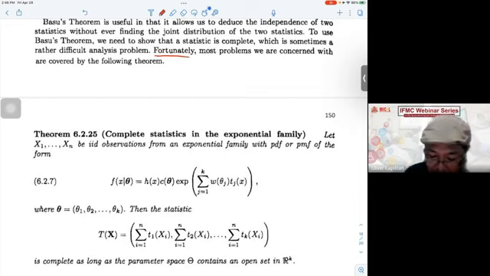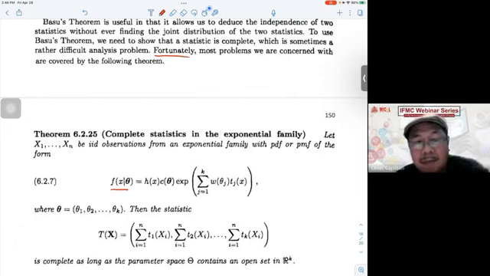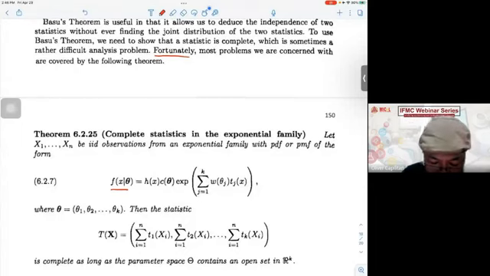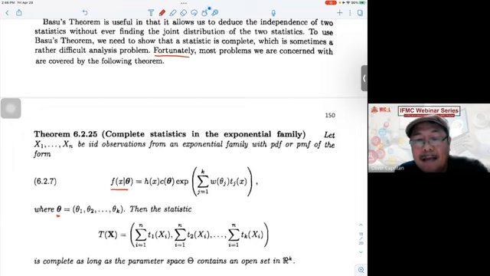The PDF or the PMF can be expressed as h of x, c of the parameter theta, times the exponential of the finite summation of the product of a function of the parameter and a function of our sample, j from 1 up to k, where our parameter theta is a vector of parameters, theta 1, theta 2, up to theta sub k. So we have k parameters in our vector.